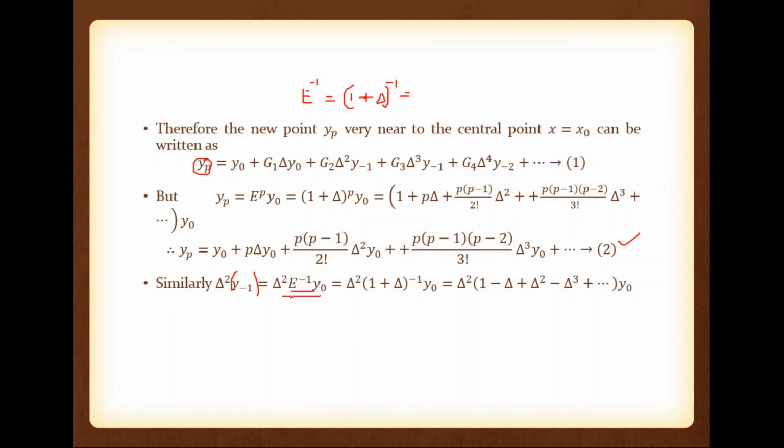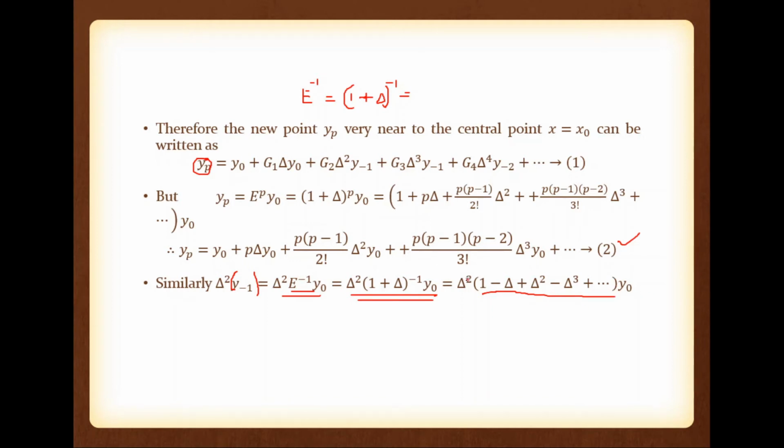So please note delta square E raised to minus 1 y0 is equal to, this E raised to minus 1 is (1 plus delta) all raised to minus 1. So we have delta square into (1 plus delta) all raised to minus 1 into y0. Now we can expand this (1 plus delta) all raised to minus 1. So that is delta square into (1 minus delta plus delta square minus delta cube plus etc.) into y0.